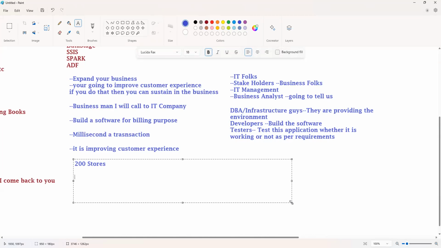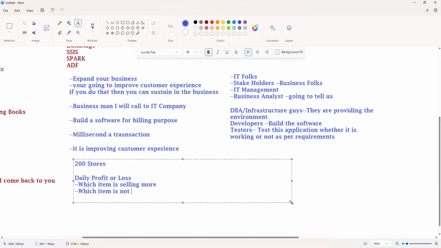Now I want a couple of things. Daily profit or loss. Second thing, which item is selling more, and which item is not selling much?